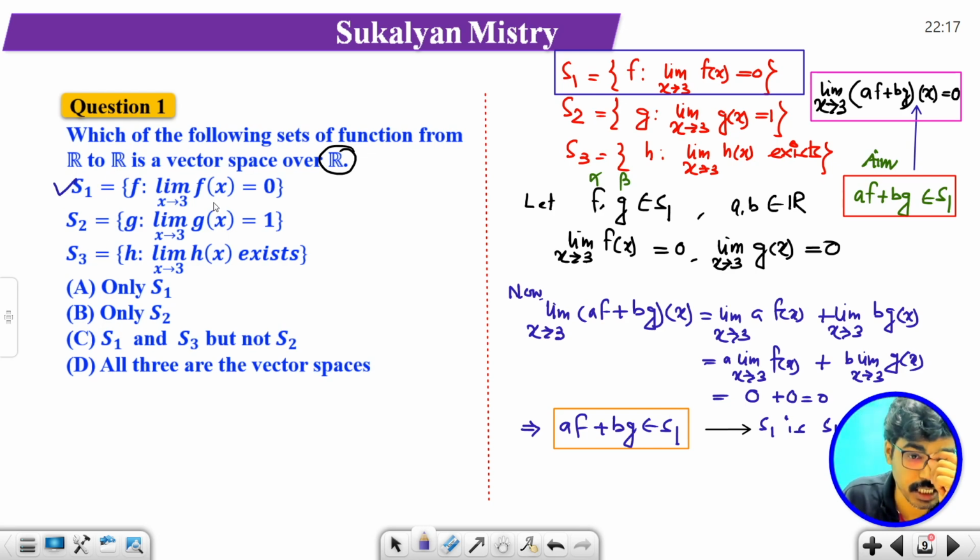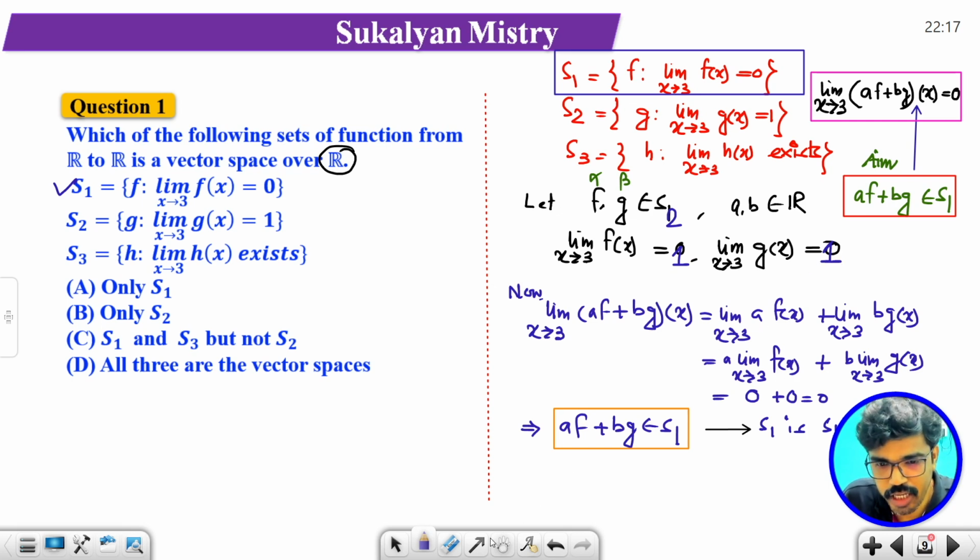Next, limit x tending to 3 of g(x) is equal to 1. Similarly, replace S1 with S2, then here it will be 1, because g(x) is 1. So if f and g belong to S2, then limit of f(x) is 1, limit of g(x) is also 1.